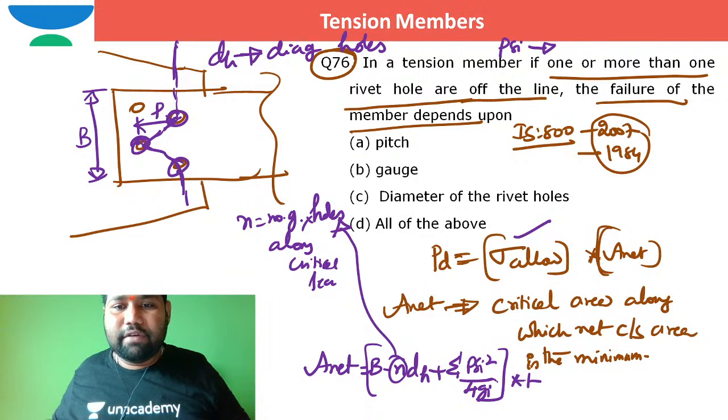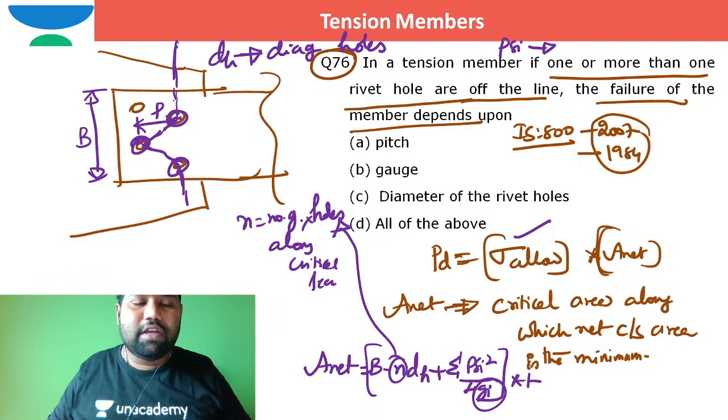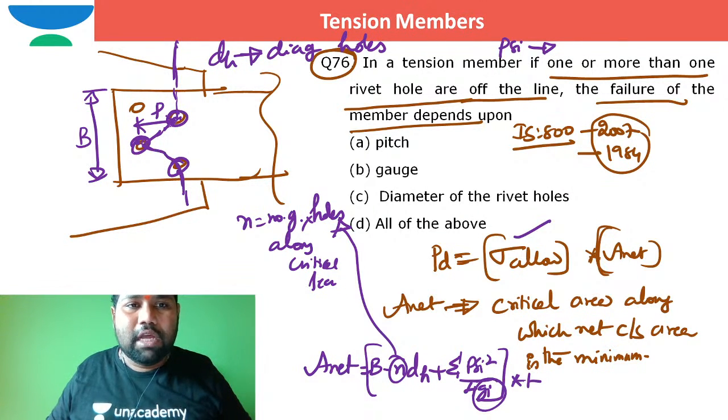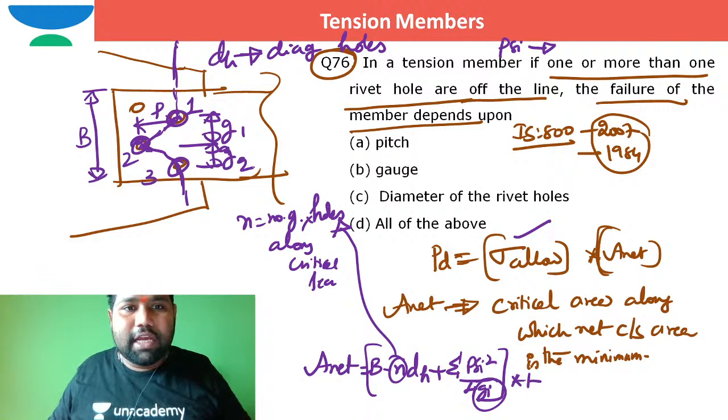And gi stands for the gauge between the bolts which are along the line of this possible critical section, the gauge between two adjacent bolts. Maybe this is the first bolt, second bolt, third bolt. The gauge between the first bolt and second bolt is g1. The gauge between the second bolt and third bolt is gauge g2.